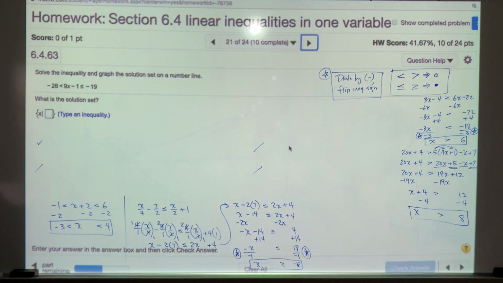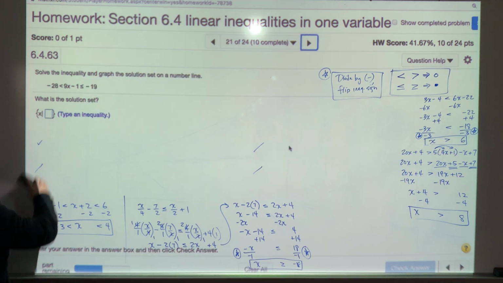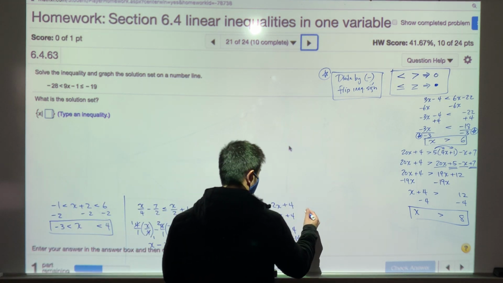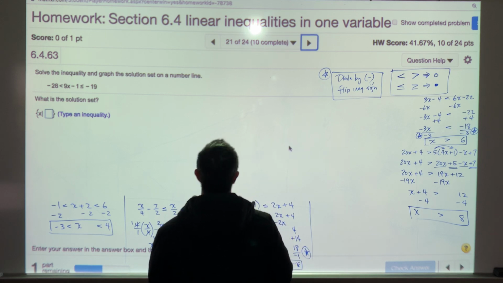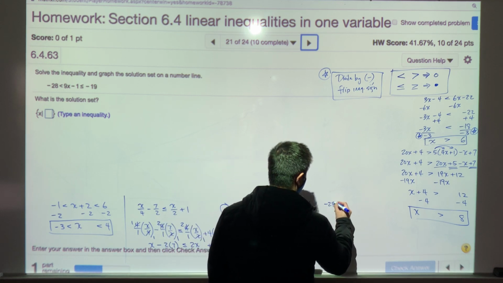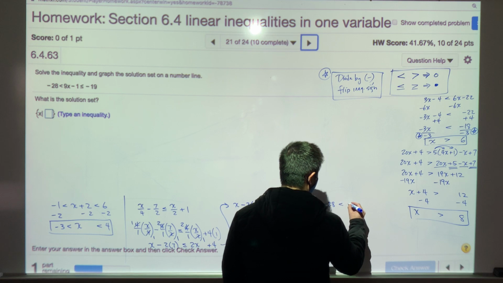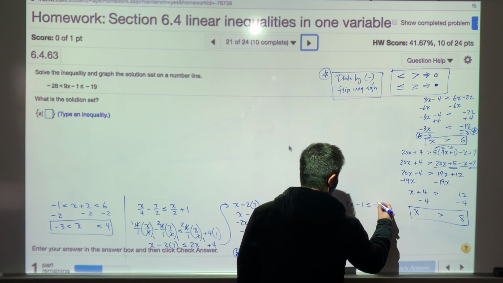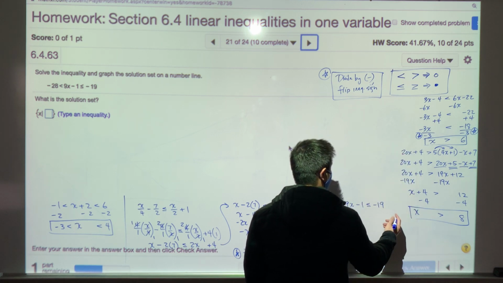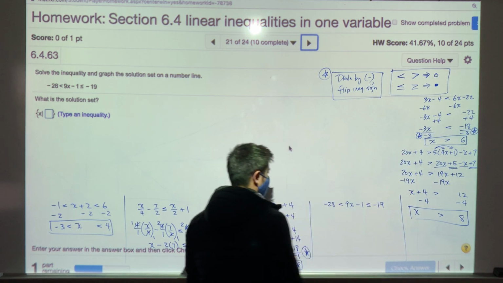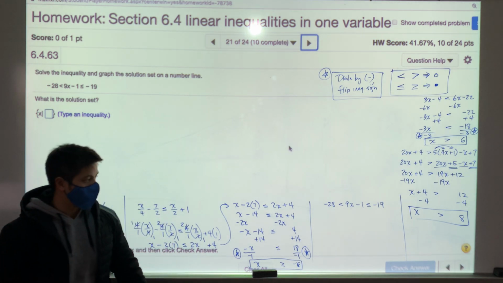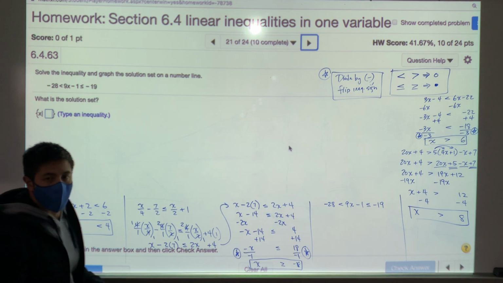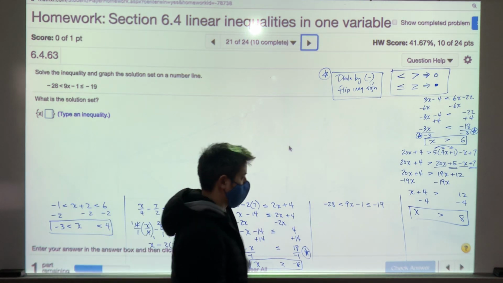All right, let's look at 21. We'll do it down here. What you do to the middle to get the variable by itself, you need to do to both sides of the double-sided inequality.